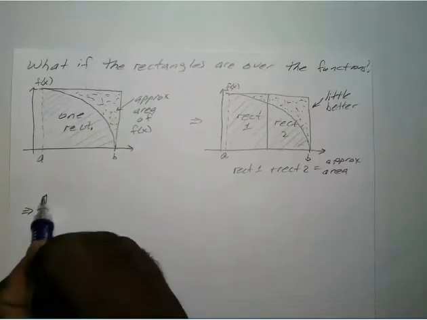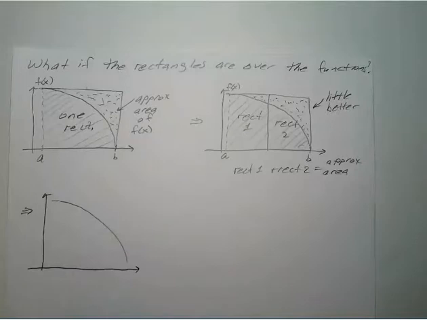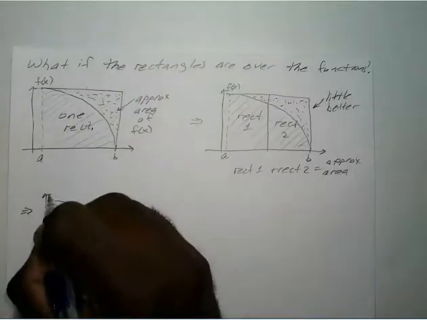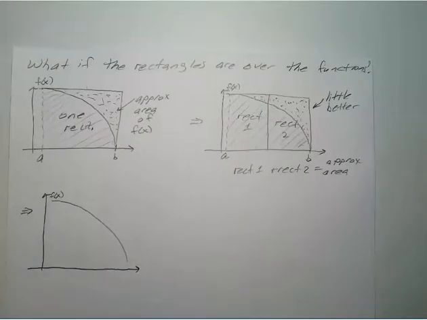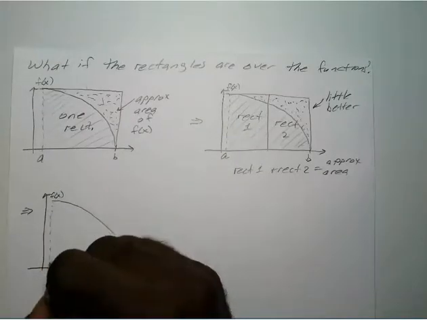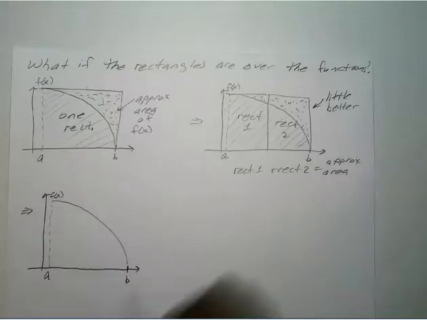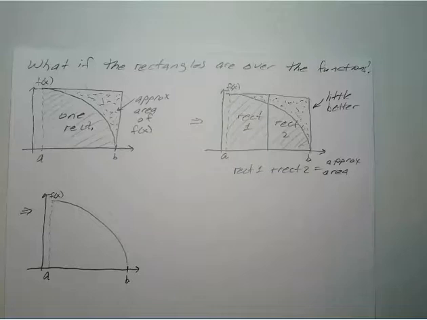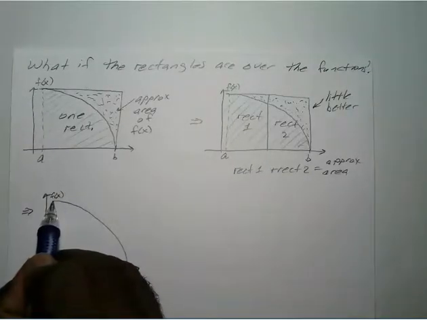All right, so let's get our graph here. And again, this is our f of x, between some x equals a and x equals b. Now we're not going to use inscribed.